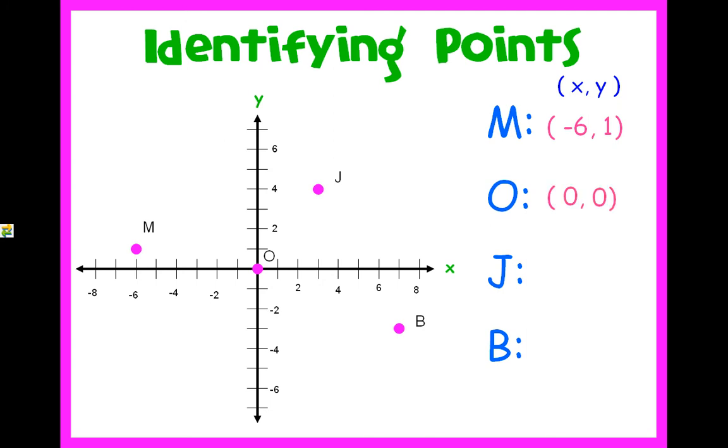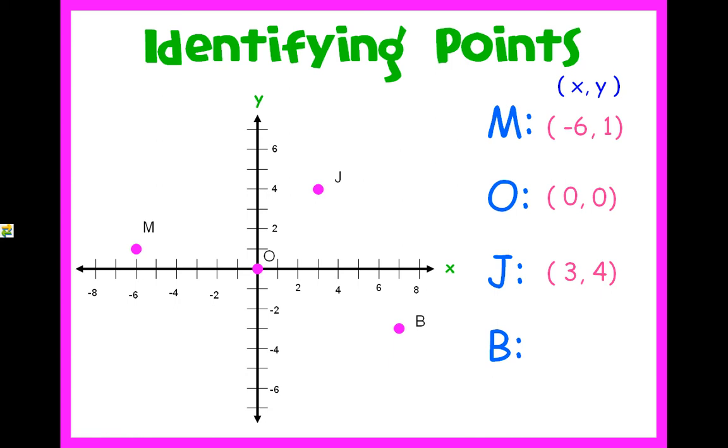Point J. Looking at our x-axis first, starting with the origin, we're going to move 1, 2, 3. That's a positive 3. Then we're also moving up, which is going to be a positive 1, 2, 3, 4. So it's positive 4.